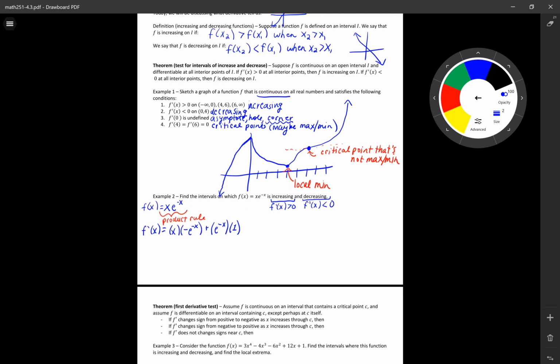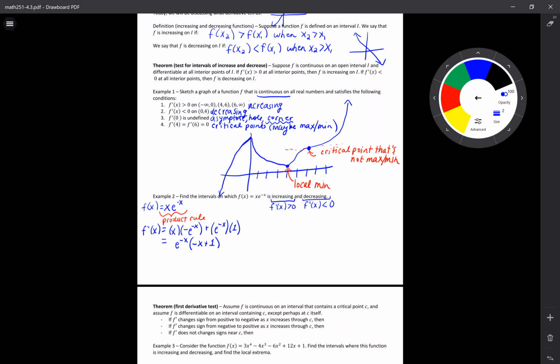Okay, and then since I want to set this equal to 0, I'm going to factor as much as I can. So from both of these terms, I can factor out an e to the negative x. From that, I have left a negative x from the first term and a 1 from the second term.